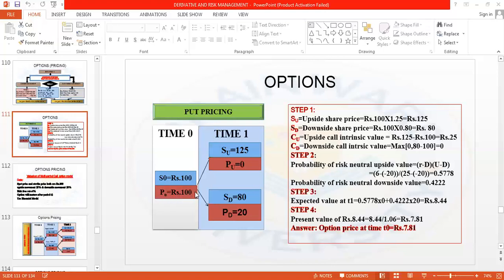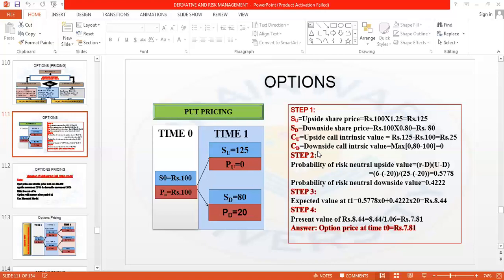So in this process, I will be able to make a gain of rupees 20. So this is the intrinsic value of exercising my right. Since it is plus 20, definitely I will exercise my right and I will get rupees 20. So this is the explanation of the tree.